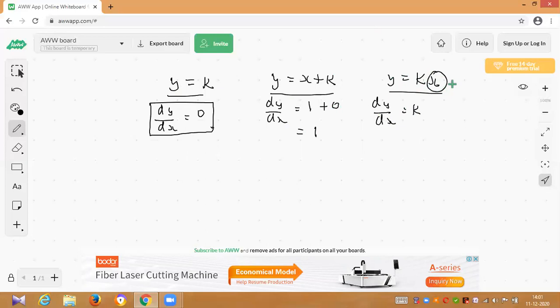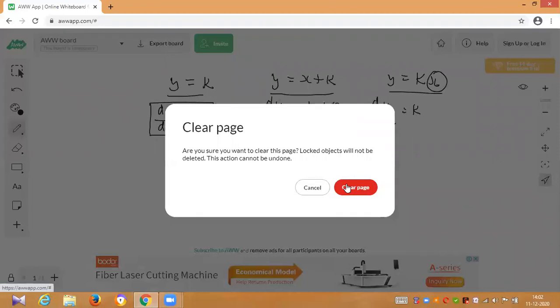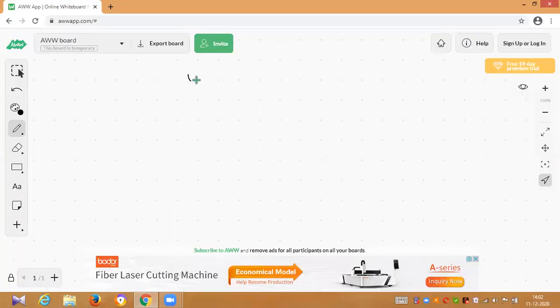Now, going ahead, I would like to discuss why the differentiation of a constant is 0. Suppose I give you a function like y equals 5. As I said, there's no x over here, so dy by dx equals 0. Now I'll tell you two ways why it becomes 0.